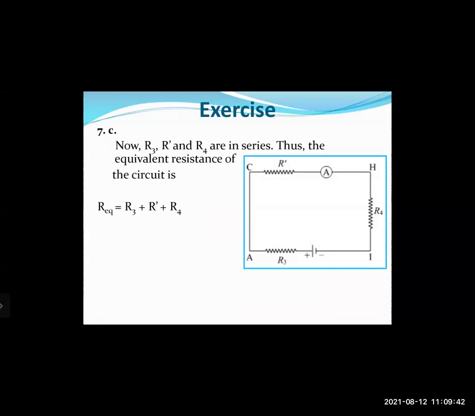Now, if you substitute the value into the current flowing, we get R equivalent equals R3 plus R1 into R2 divided by R1 plus R2, plus R4. On solving this whole equation, what do we get?